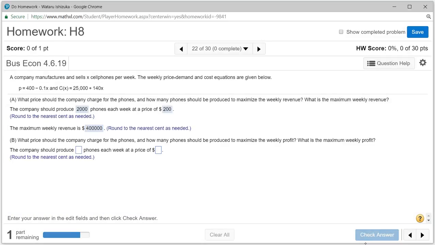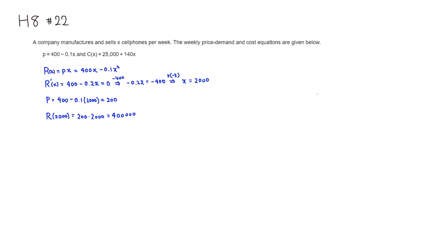Part B: what price should the company charge for the phones to maximize the weekly profit? Here we want to maximize the weekly profit. Remember that the profit function is the revenue function minus the cost function.